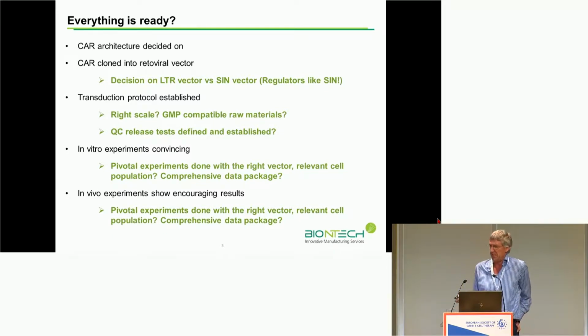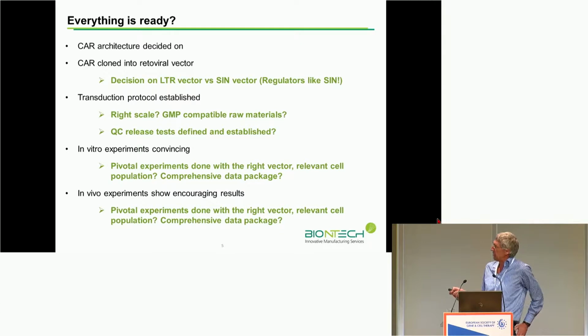But it might be better to switch to a SIN vector for clinical translation. Regulators like the concept of SIN more, and that has a reason, because it is a safer concept. So you definitely should think about whether to go with your LTR vector into the clinical trials, or switch to SIN.